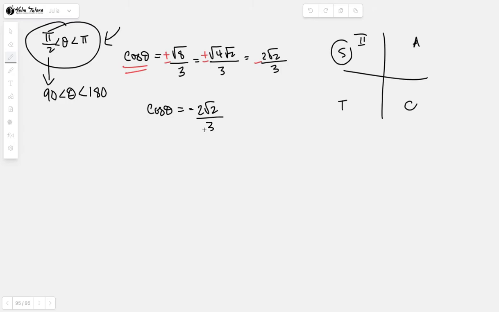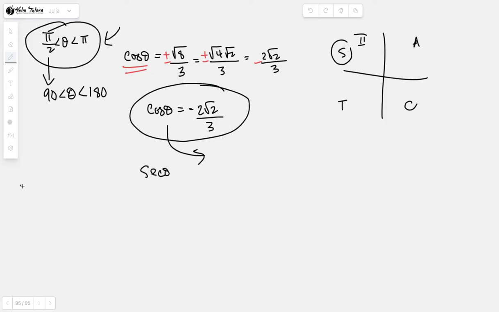Okay, so you have this now. So if you have this, well, the question is asking for secant theta. Secant theta is the reciprocal of cosine. So what you could do is, once here, flip both of them.